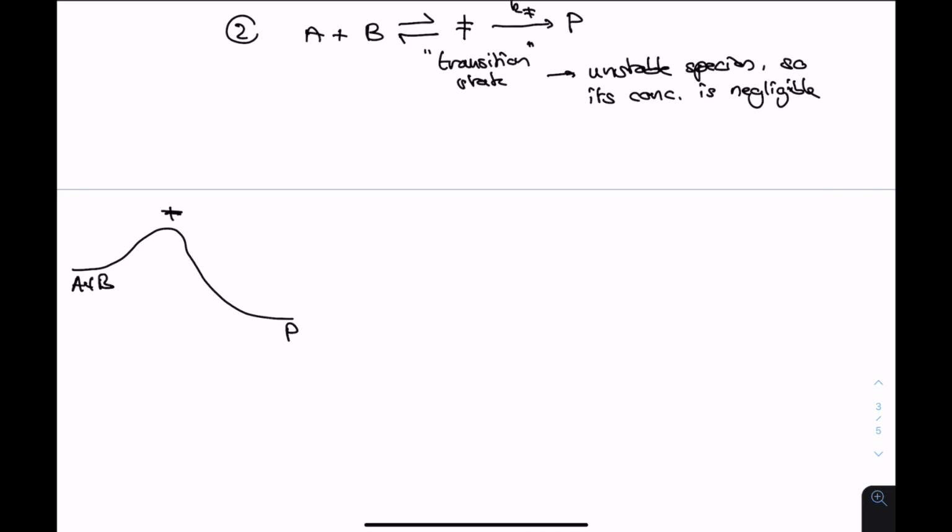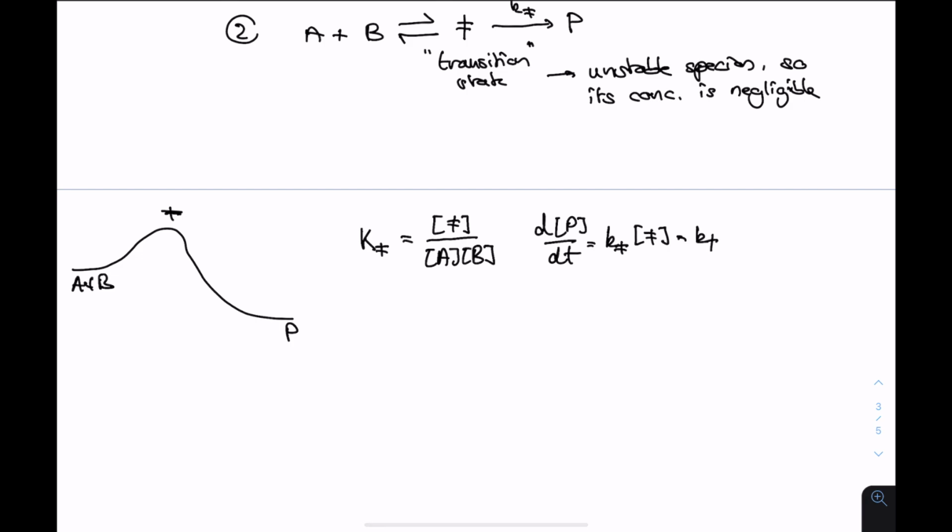Okay, so we can write an equilibrium constant, which is the concentration of transition state over that of A times B. If we look at the rate of product formation, dP dt, it will be K transition state times the concentration of transition state, which will be K transition times big K transition times A times B.